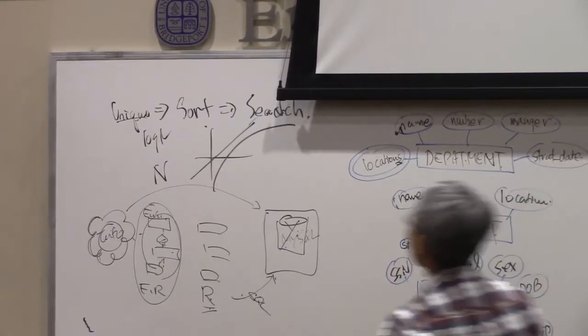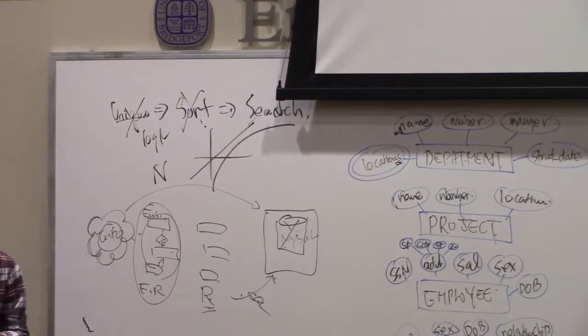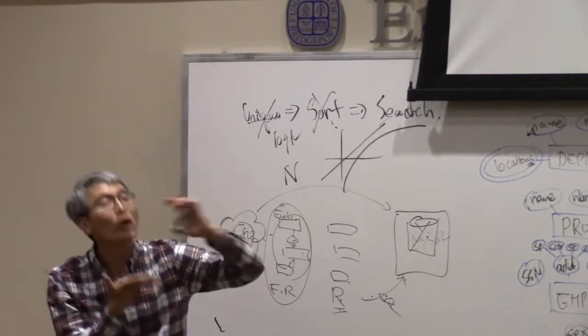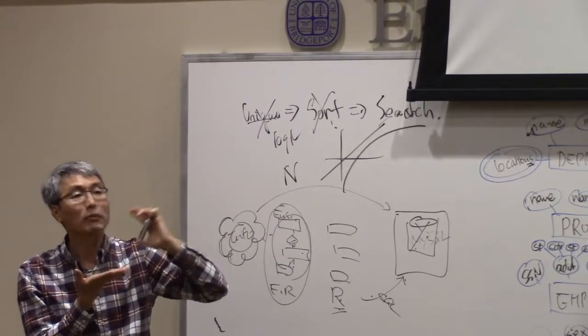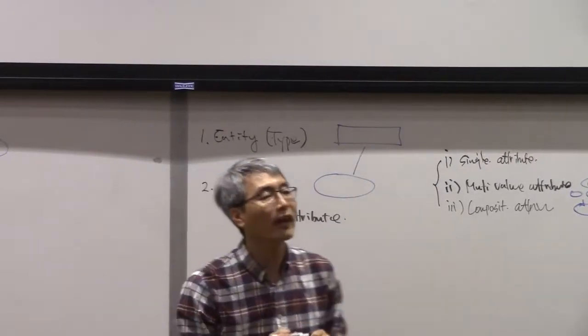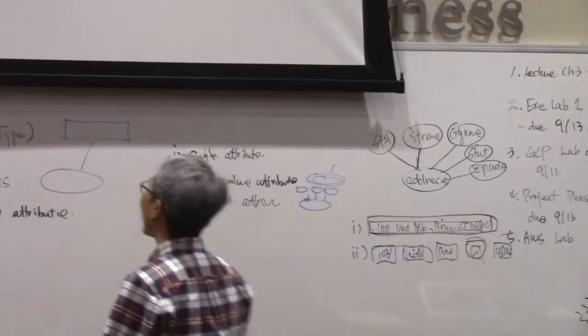So if not sorted, if not unique, what happens? You can sort the data, but you need to search again among the data because there might be the same value. So key is always important in any database design, any computer science model. Okay, so we try to identify the key attribute in general.